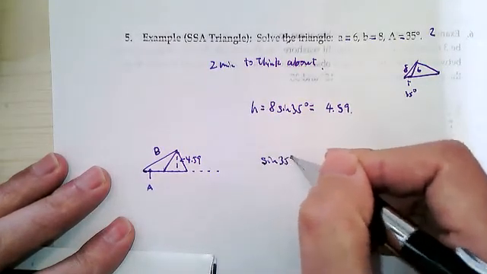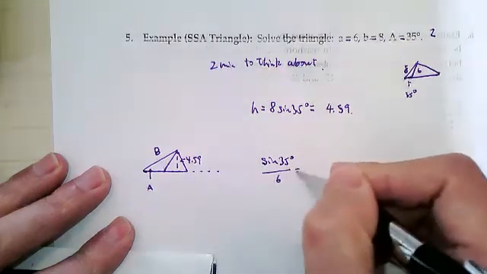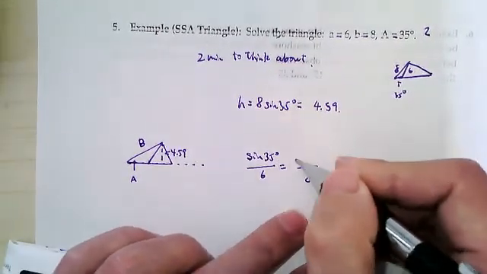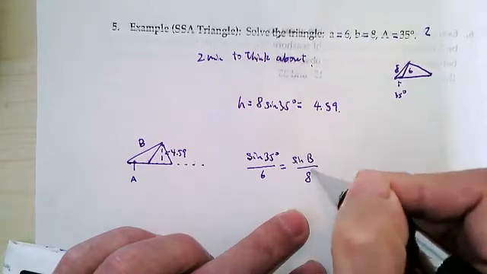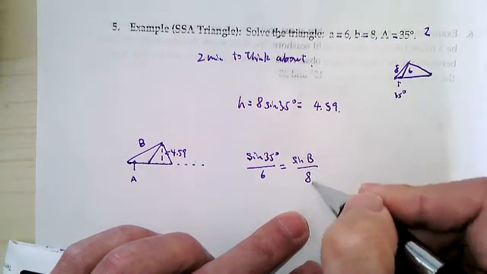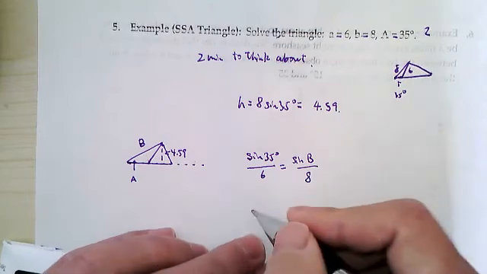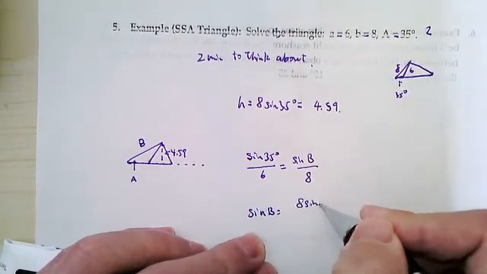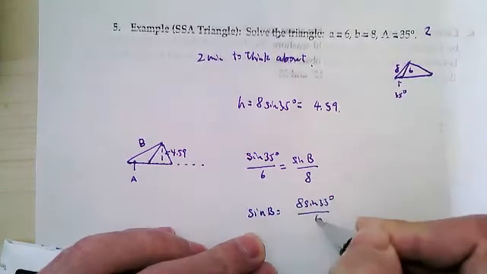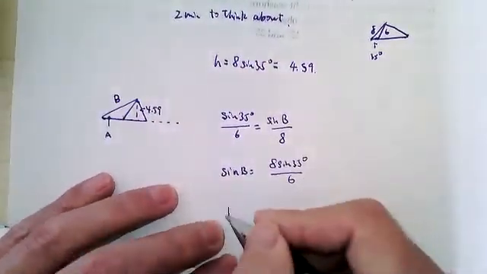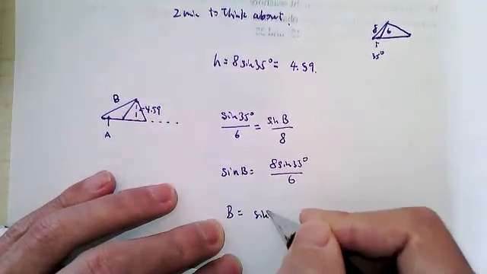Sine 35 over 6 equals 8 over sine B. So in this case, sine B equals 8 times sine 35 degrees over 6. So what is B? B is the inverse.